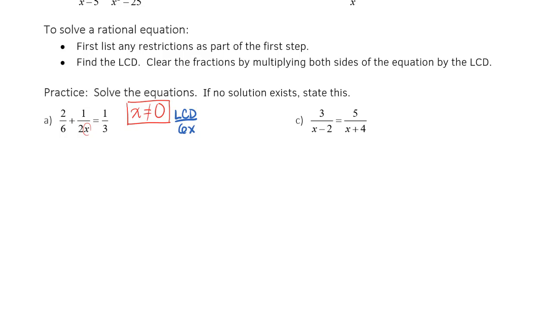Now you're going to multiply both sides of your equation by that LCD. And you might find it helpful to write 6x as a fraction over 1. And I'm going to reduce my 2/6 to 1/3.